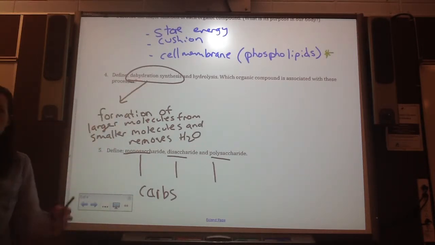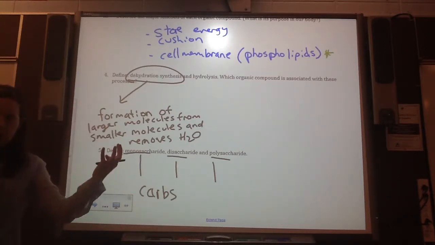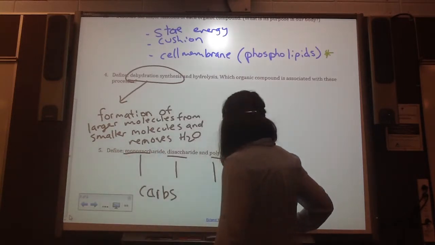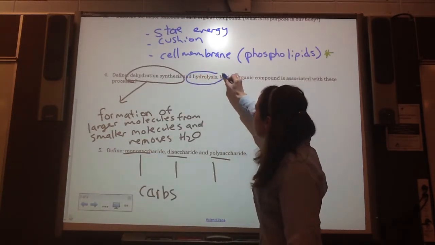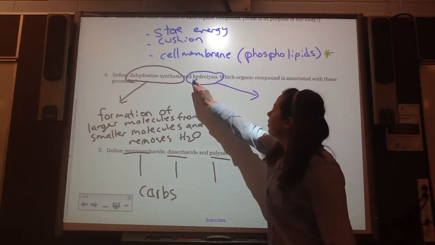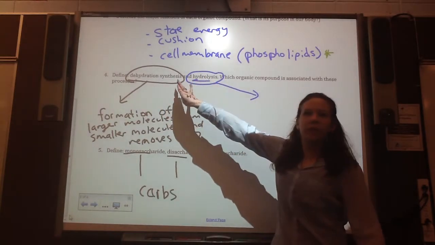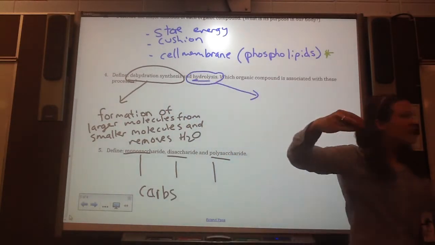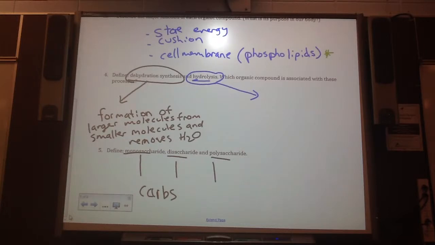Okay? So break the word down a little bit for yourself so that you don't have to do lots of memorization. Okay, hydrolysis. What do you think? Hydro, what are we doing with the water? Are we taking it away or adding water?